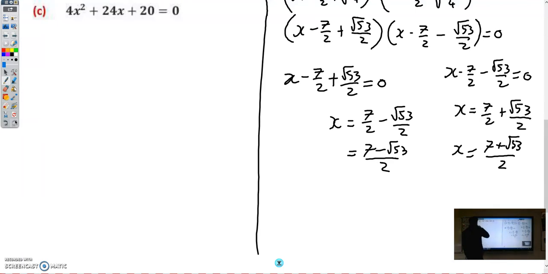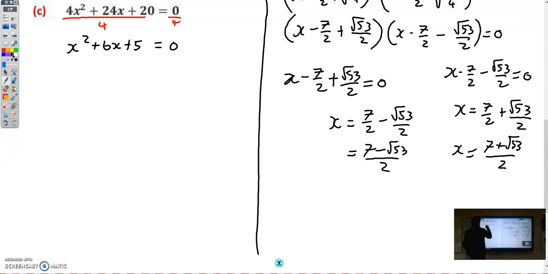Our final example, we have 4x squared plus 24x plus 20. I can already see a common factor of 4. So the first thing I'm going to do is divide both sides by 4. That will leave me with x squared plus 6x plus 5 equals 0. Now, while this could be solved using the null factor method, we are going to complete the square just to see our final solution.